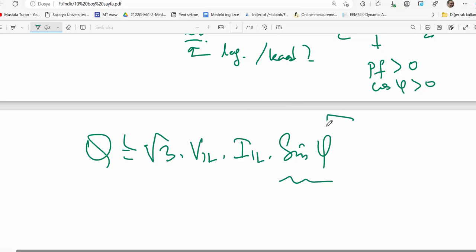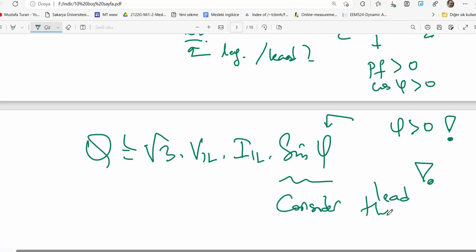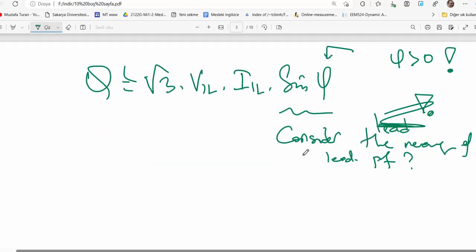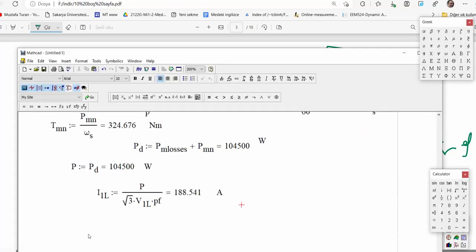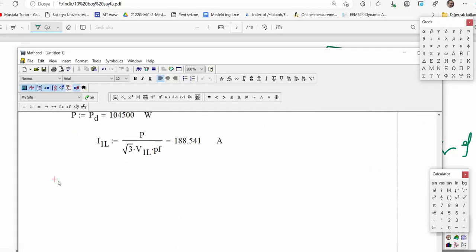But the sine of phi must be considered again. After you have made the calculations, please consider the meaning of leading angle, leading power factor. What does it mean? Let's calculate reactive power and then consider the meaning.